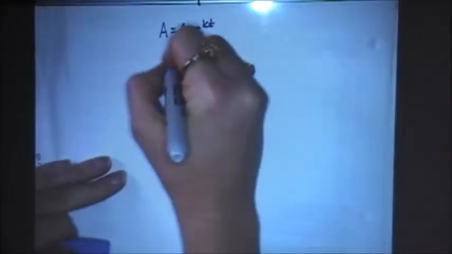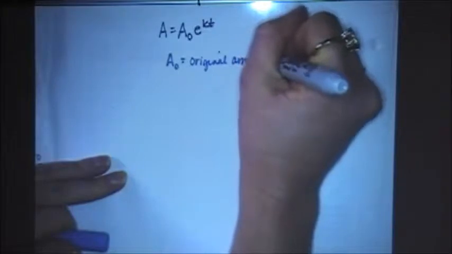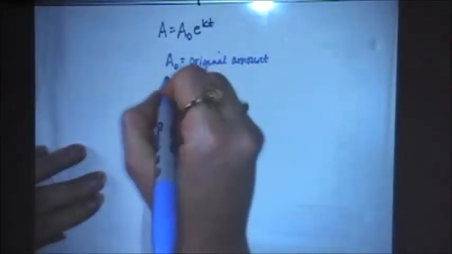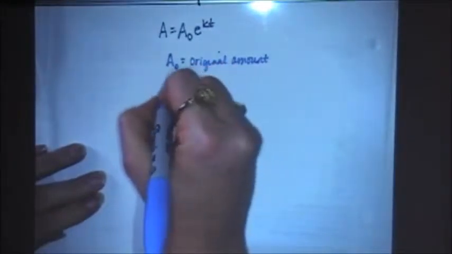maybe not this version. So this is the exponential growth and decay model. Let me tell you what each one of the variables stands for. A0 is the original amount, and this could be an original population, or it could be the original amount of a substance. E, of course, is on your calculator.